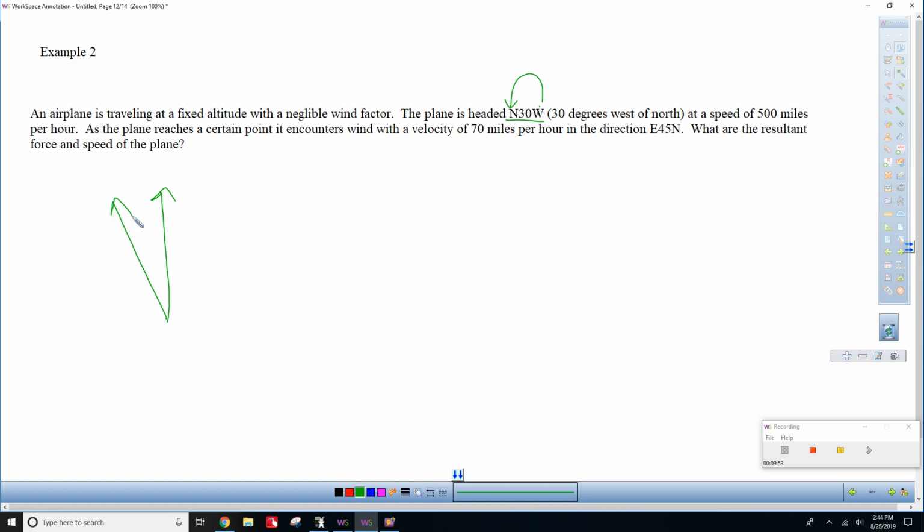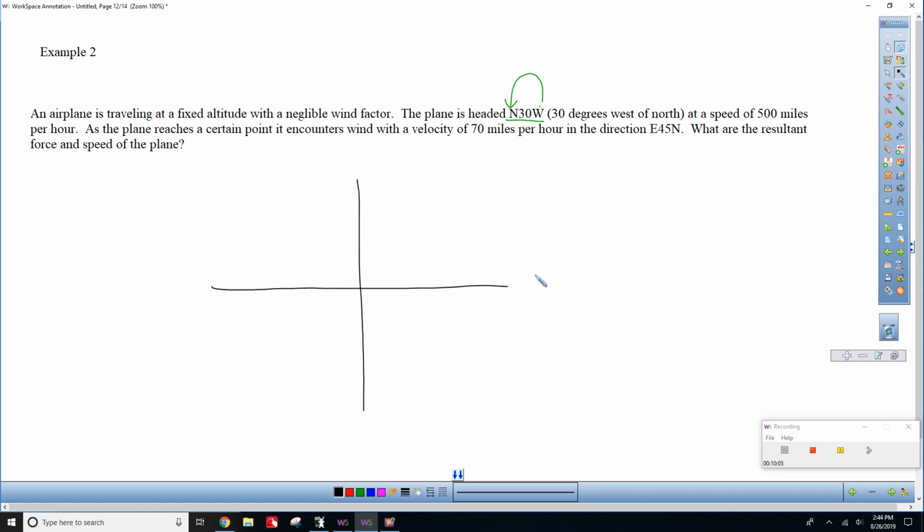All right, so let's get this on the axis. I'm going to erase this. I'm going to just plot myself in black a little XY plane, only this time it's going to be east, north, west, and south.